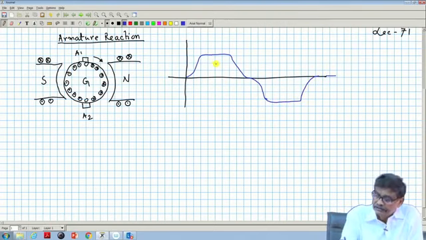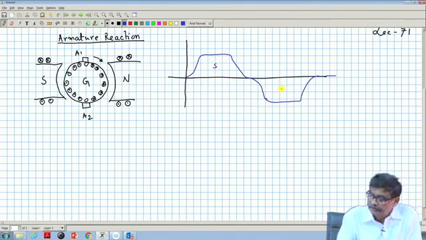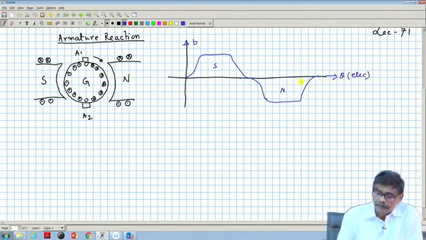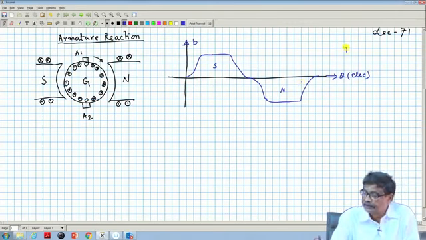This is the south pole and this is the north pole, and this is the B, the flux density distribution along the air gap of the machine. Mind you, this angle is in electrical degrees. So, this will be the B distribution when there is no armature current, that is, I_a equal to 0.